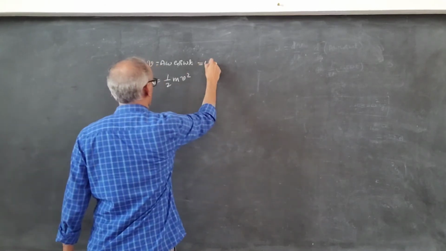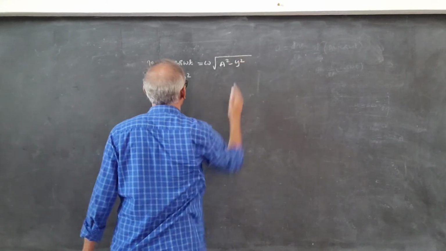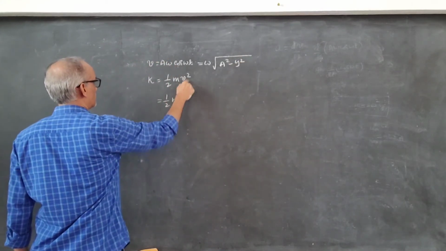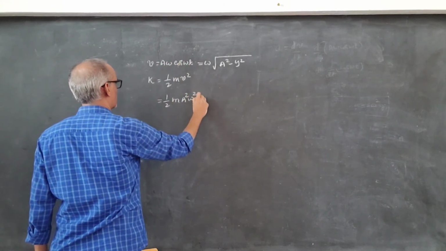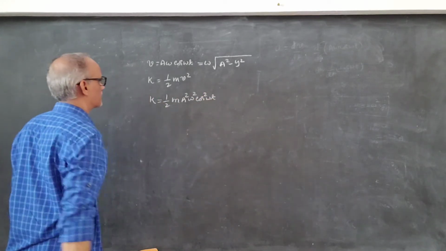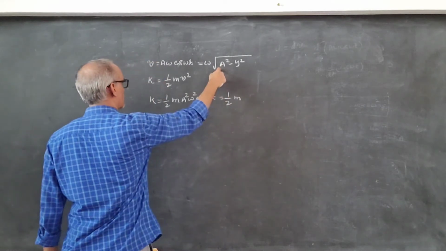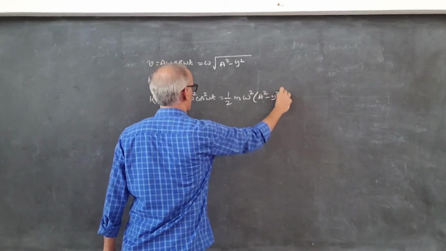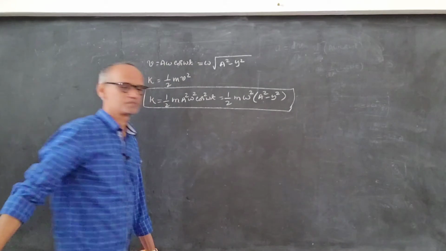The other equation is v equals omega into root of a square minus y square. So half m v square, half m square of this, you'll get a square omega square cos square omega t. That is K. That is also equal to half m omega square into a square minus y square. So this is the expression for kinetic energy.